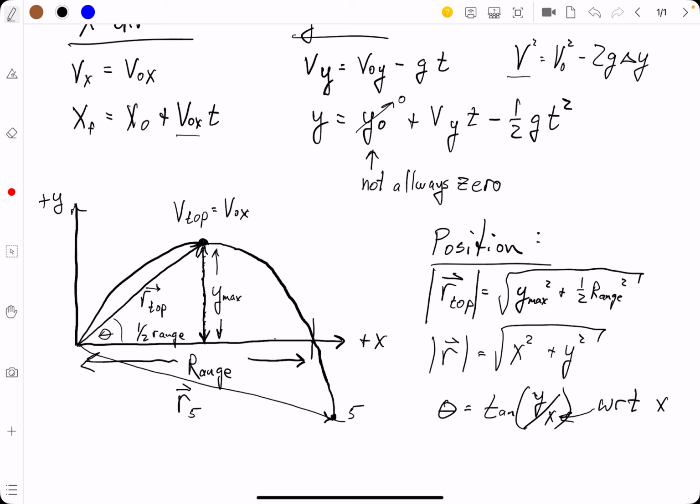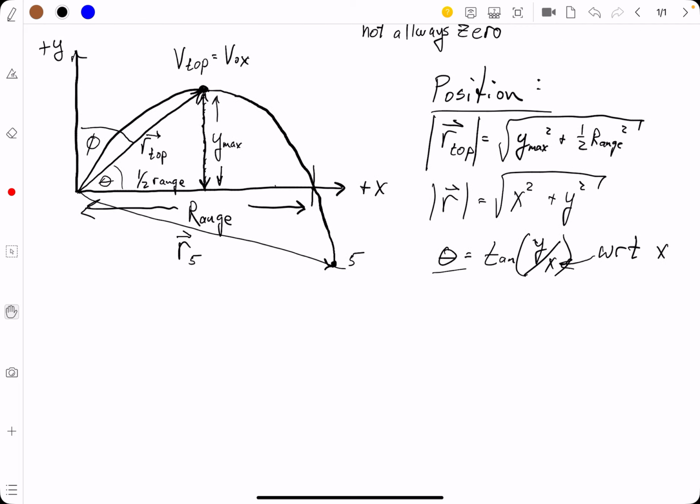So if we had this switched around, x on top, y on the bottom, then we'd be doing it with respect to the y-axis. So keep that in mind when you're doing your angles. And either way is fine. I don't mind, as long as you define that I'm not doing theta, I'm doing phi instead, something of that nature, or label it, all right? Okay, so there's our position. Now let's do our velocity.